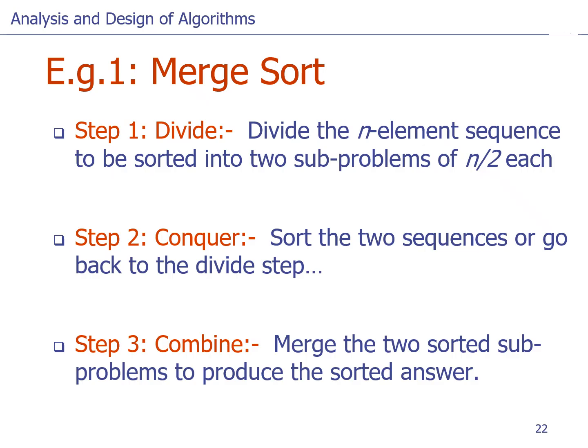So the 100 becomes 50 and 50, the 50 becomes 25 and 25, 25 becomes 12 and 13, and it keeps going like that. Now in the conquering, I will sort the smallest subarray I have reached, and in the combine, I will merge the sorted subarrays from the level before.